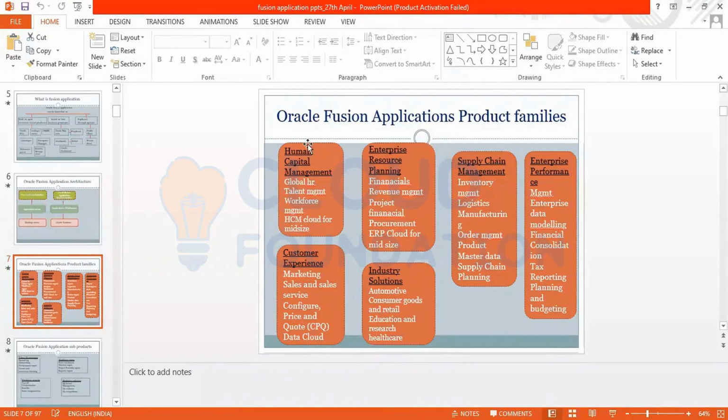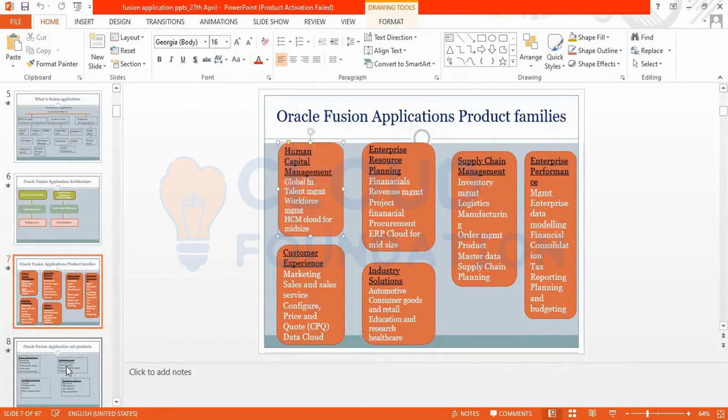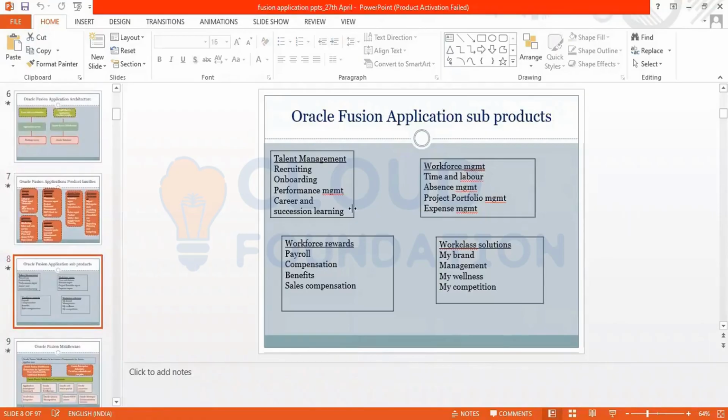Okay. So when we talk about human capital management, you can see human capital management, and these can be loaded into this whole product. Oracle Fusion application sub-products. Okay. So all these things are talent management, recruiting, onboarding, performance management. Workforce management, time and expense management. All these things are in this.